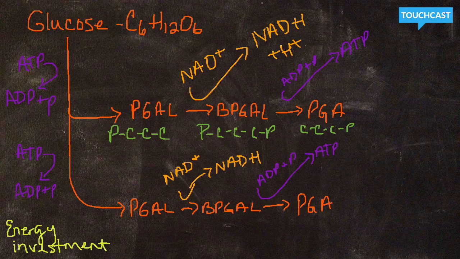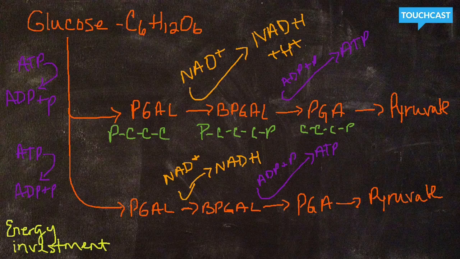And for the very last step, PGA is going to be converted into pyruvate. And during that step, again, ATP is produced, so you have your ADP plus P, and that produces ATP.